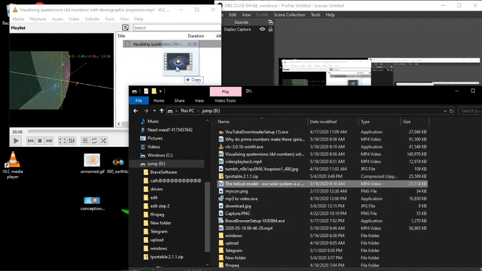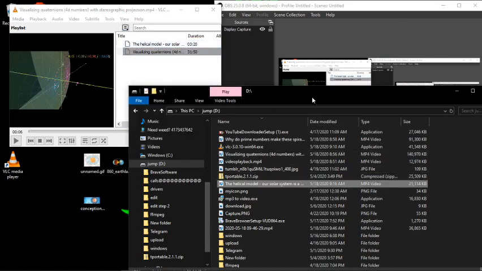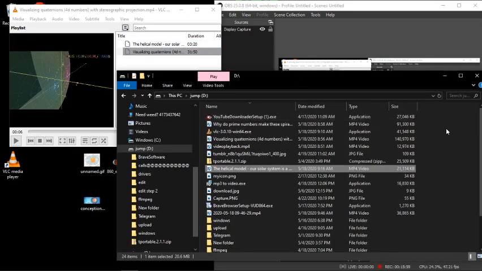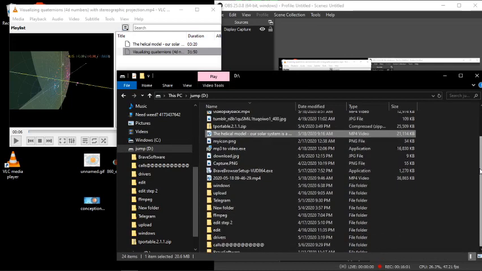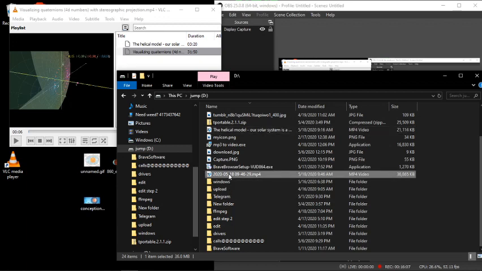So let's do this one. Y'all, we want the helical model, and then we want, I think this is it, right? Helical, brave.